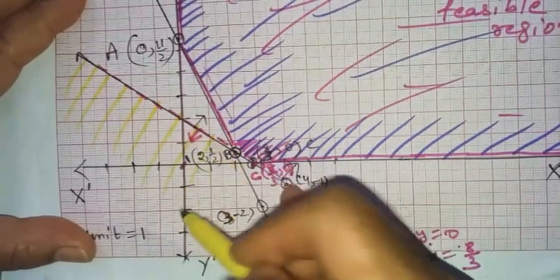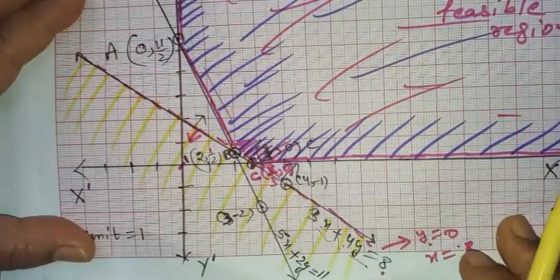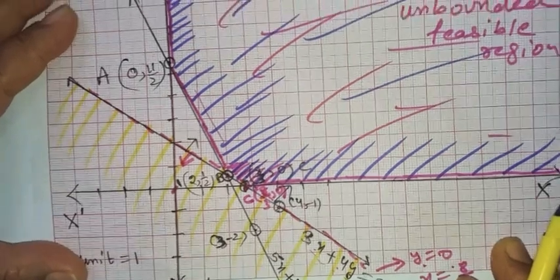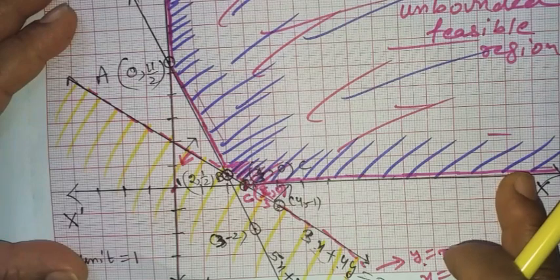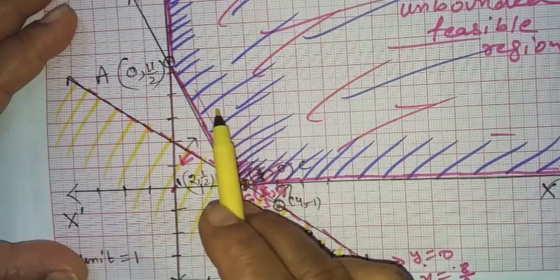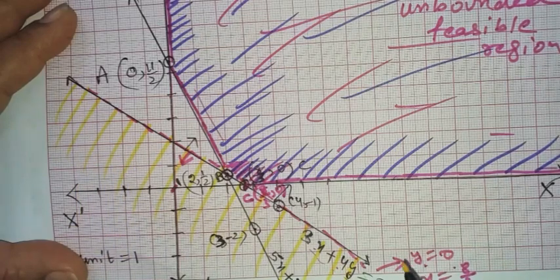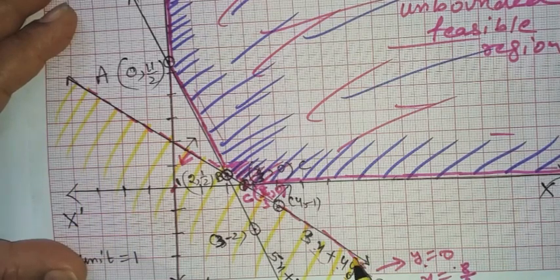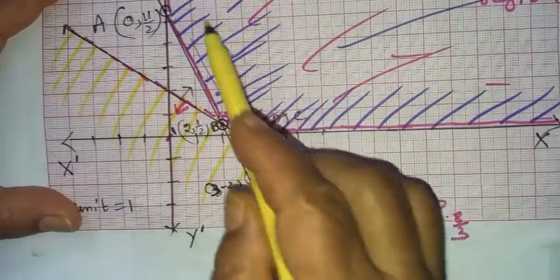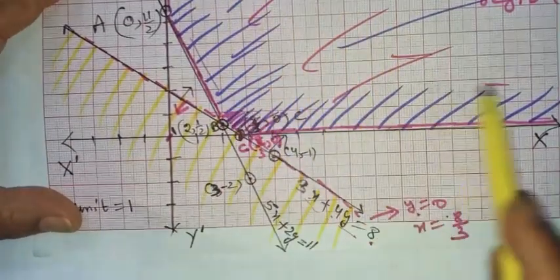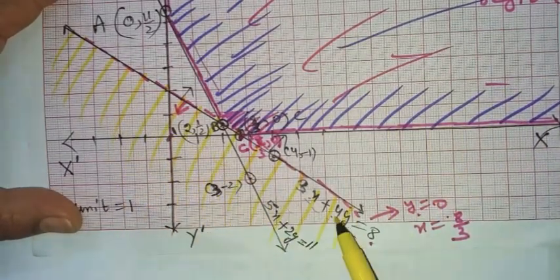You can see this yellow color, I am using different colors so that you can differentiate between the two shaded regions. This is the previously shaded region which you can see in purple and violet, and this is the new shaded region that you can see with the yellow color. Now when you get the unbounded region, what you have to check? You have to check that the previously obtained feasible region should not have any point in common with the newly obtained region.